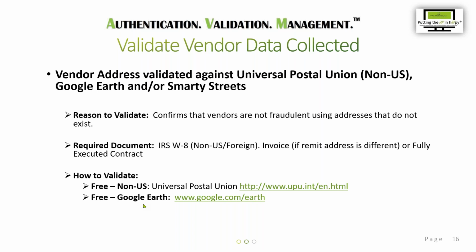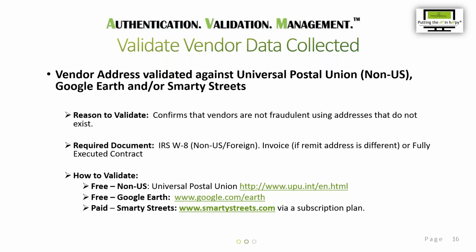And then one that I use a lot when I do vendor validations as part of the 5-day vendor master file cleanup is Smarty Streets. Now, not only will it give you the standardization for your international address, but it'll also give you status.